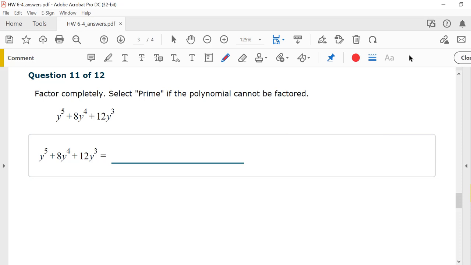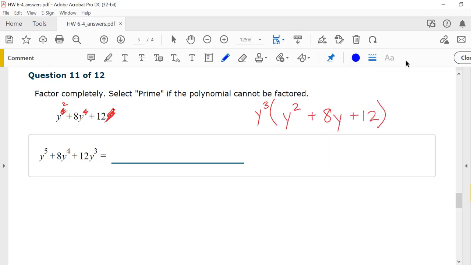Number 11, I'm going to factor out the GCF first. I see a y cubed can come out. If I factor out a y cubed, that'll be squared, that'll be to the 1, that'll be gone. I'll have left y squared plus 8y plus 12.